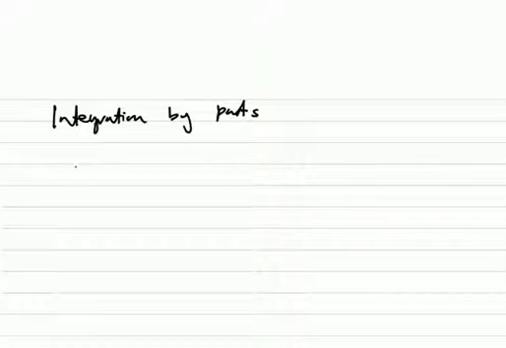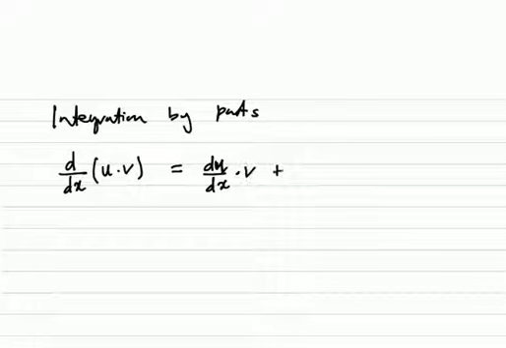You first of all need to remember that if you were to differentiate a product of two functions, let's say u and v with respect to x, this would come up as the derivative of u with respect to x multiplied by v plus the derivative of v with respect to x multiplied by u.